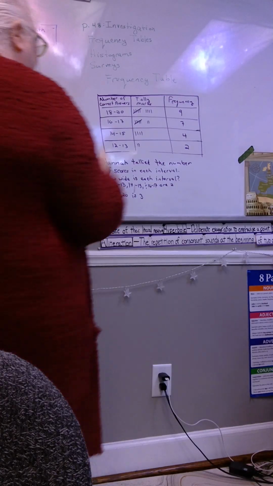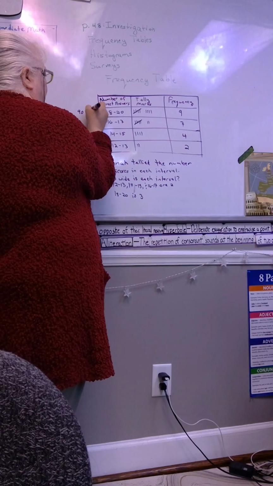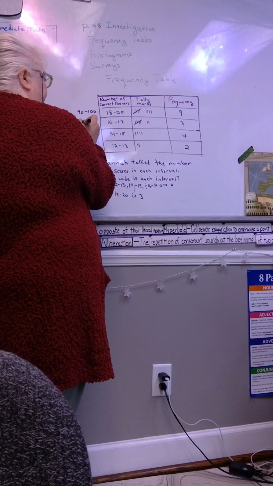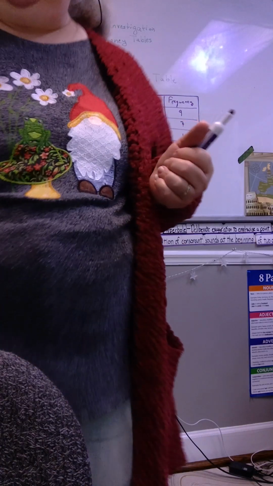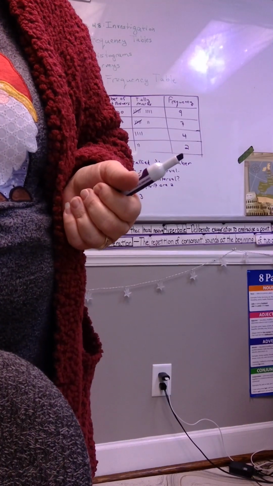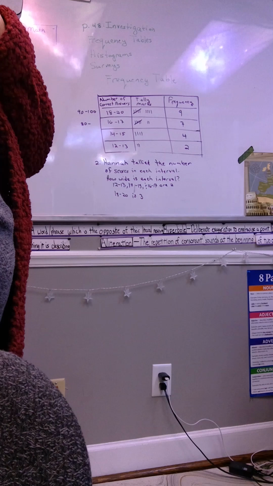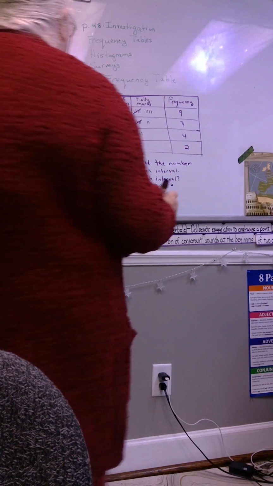So 18 to 20 would be 90 to 100. This would be 80, 17 times 5. So this is like 80 to 85.